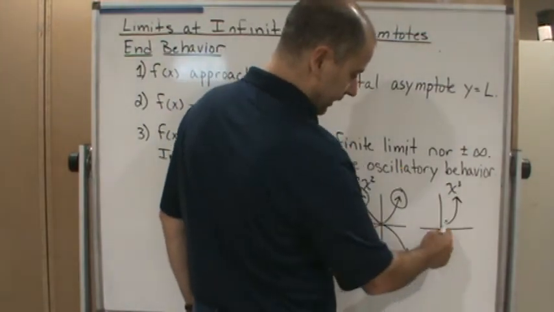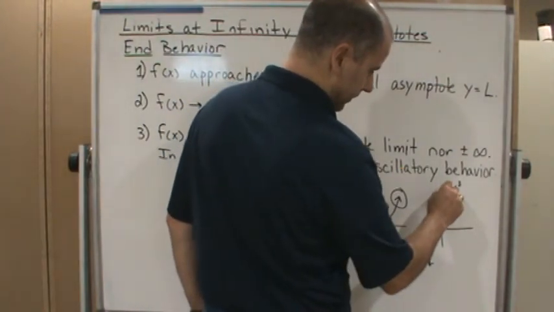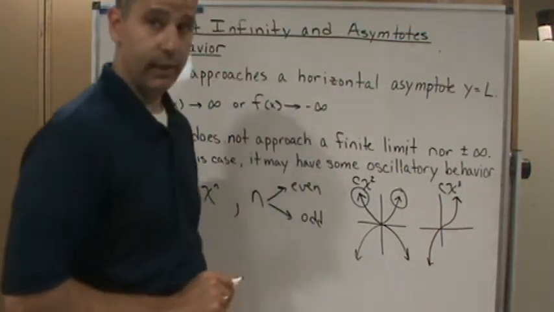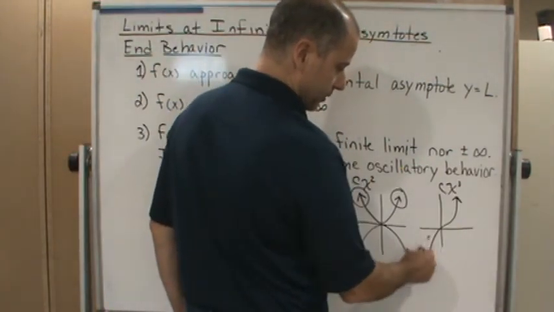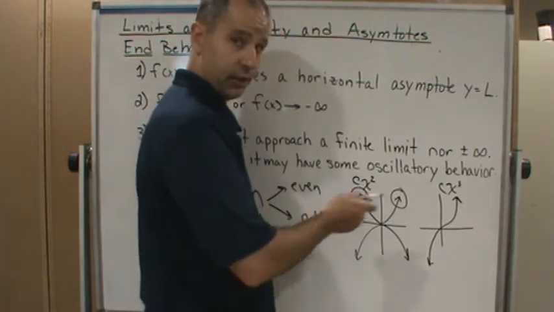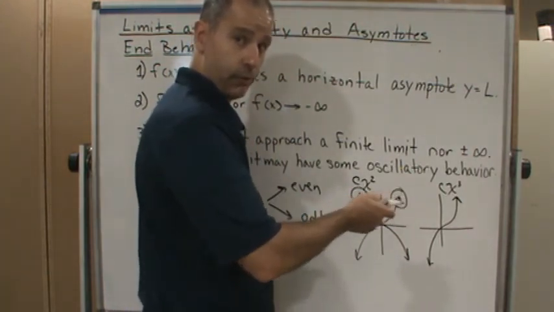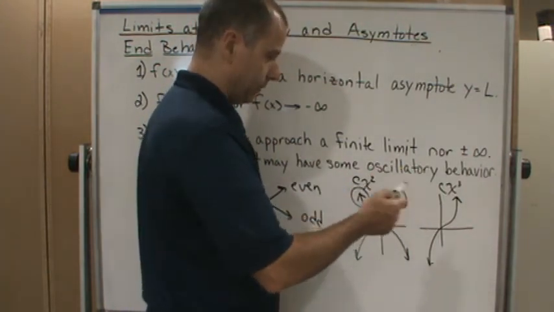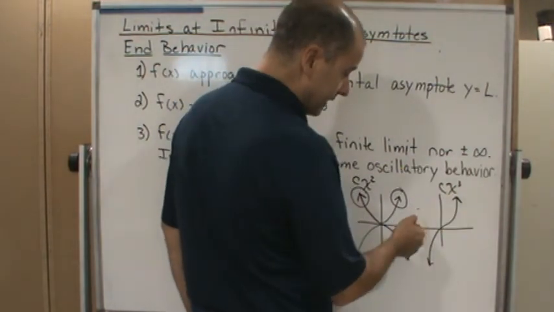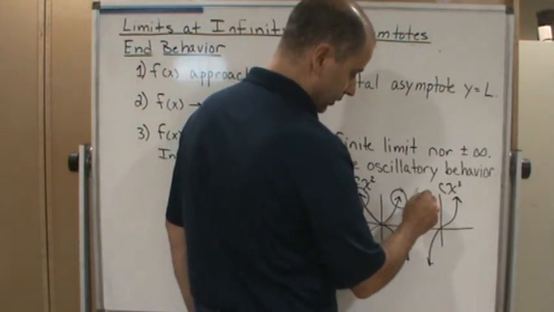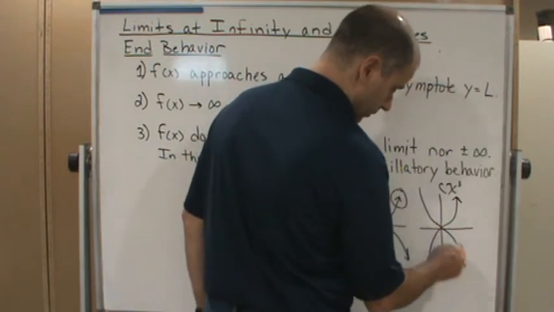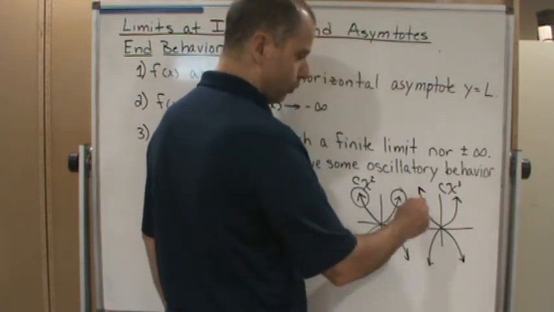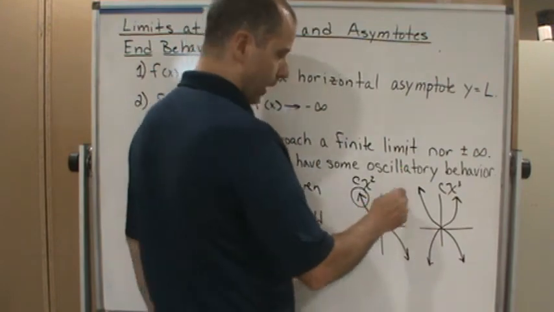It's going to look like this if the leading coefficient is positive. Notice that it has a general positive direction, positive slope from left to right. Now if c is less than 0, then it's going to look like this.